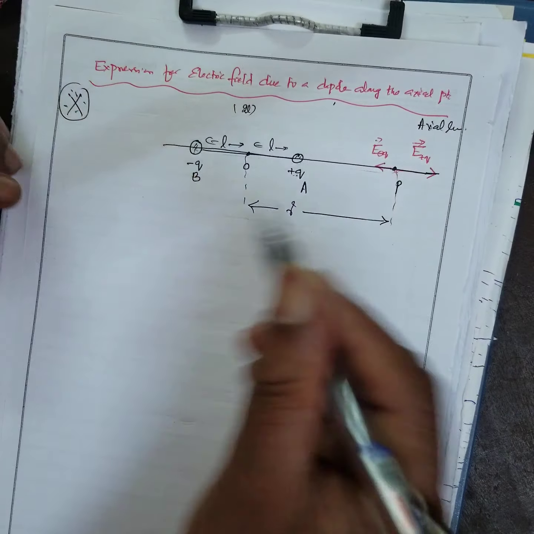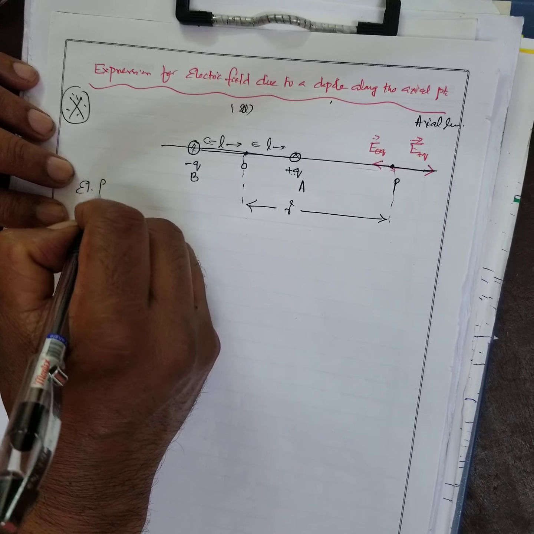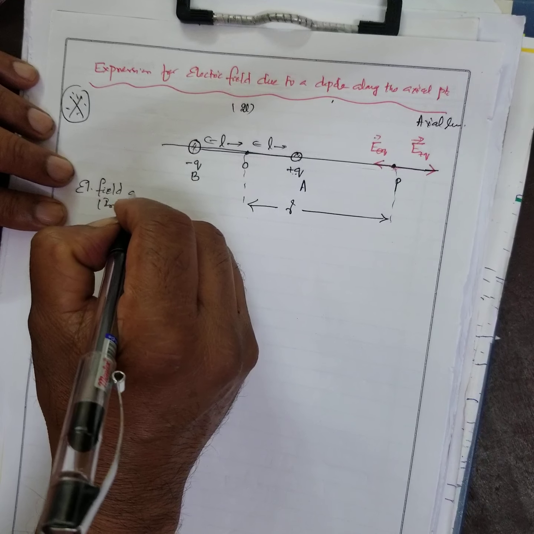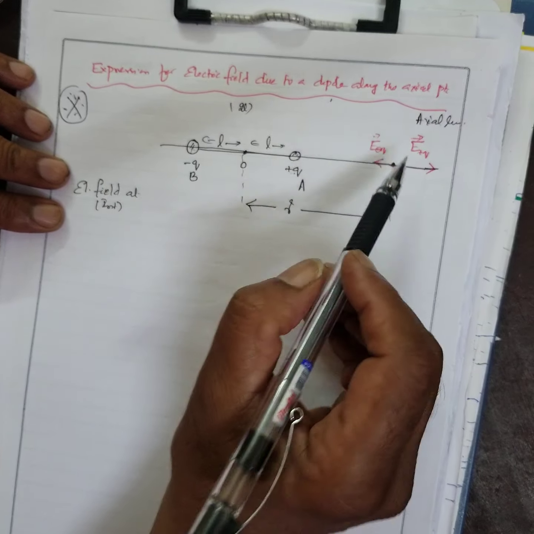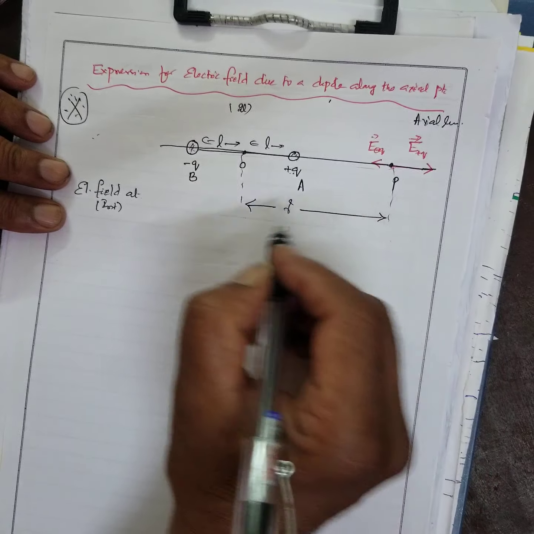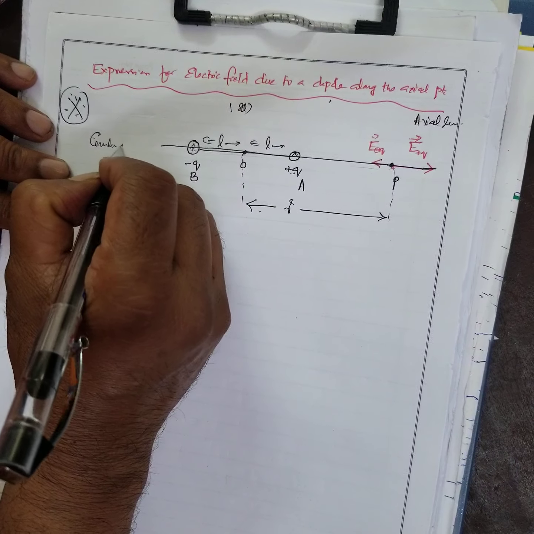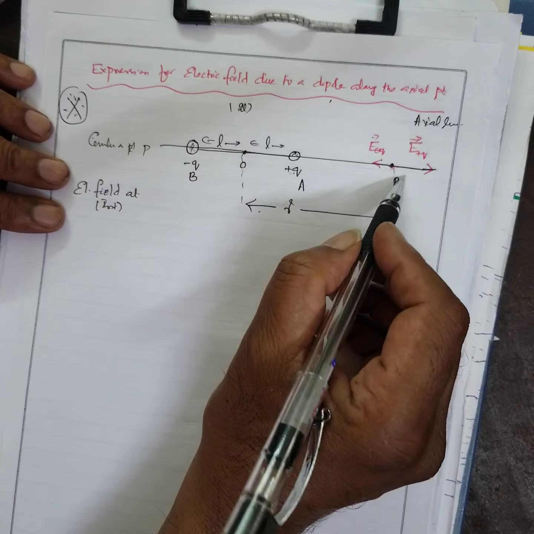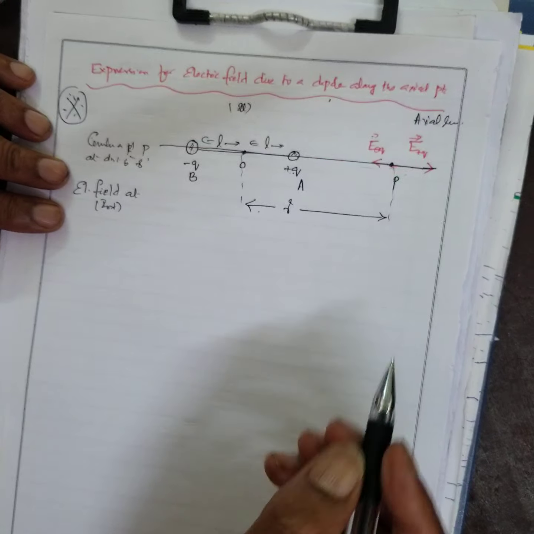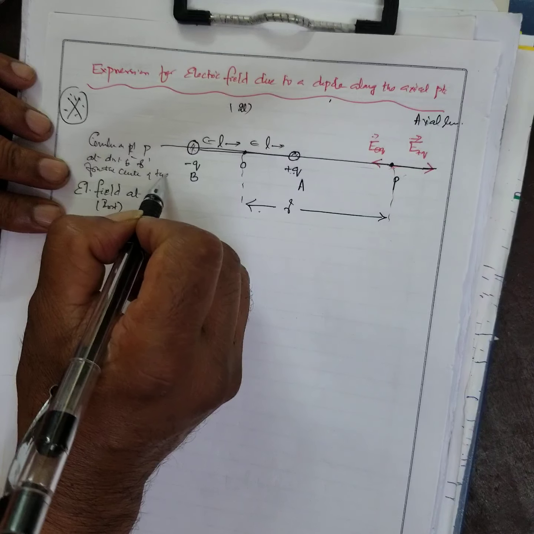Therefore, at this particular point, the electric intensity at P: consider a point P at a distance of R from the center of the dipole.